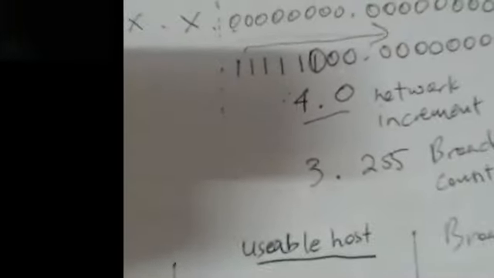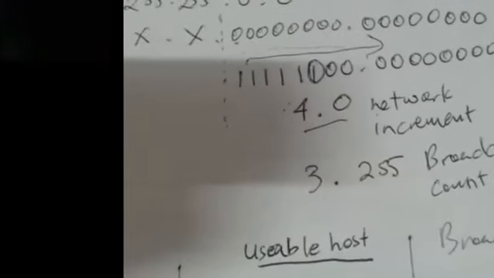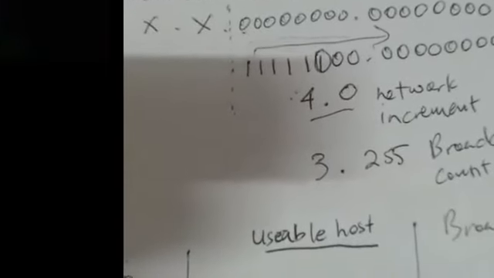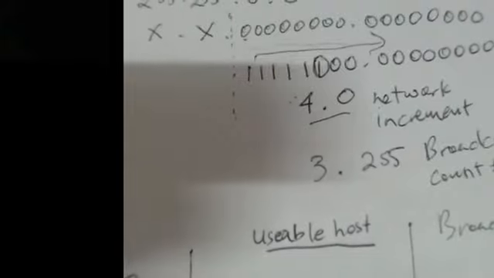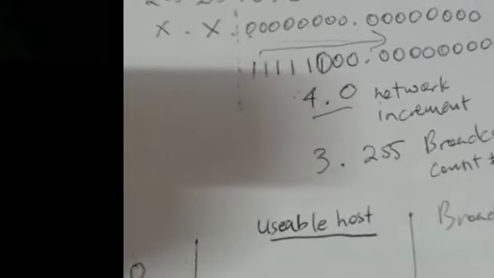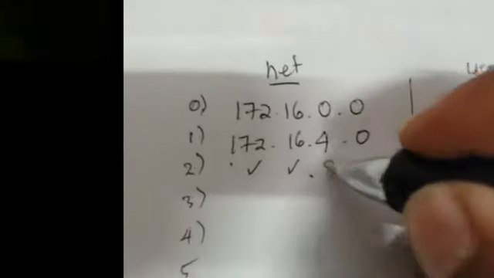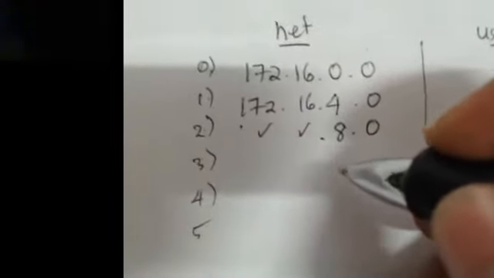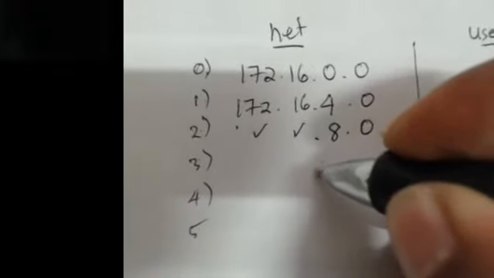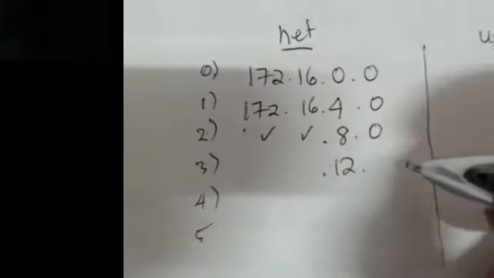Okay, let's find the next subnet, 172.16.4 plus 4. Remember, 4.0 is our network increment. So we add that to every preceding subnet to find the next subnet. We add 4.0 to 4.0, we end up with 8.0, and then 8 plus 4 is 12.0.